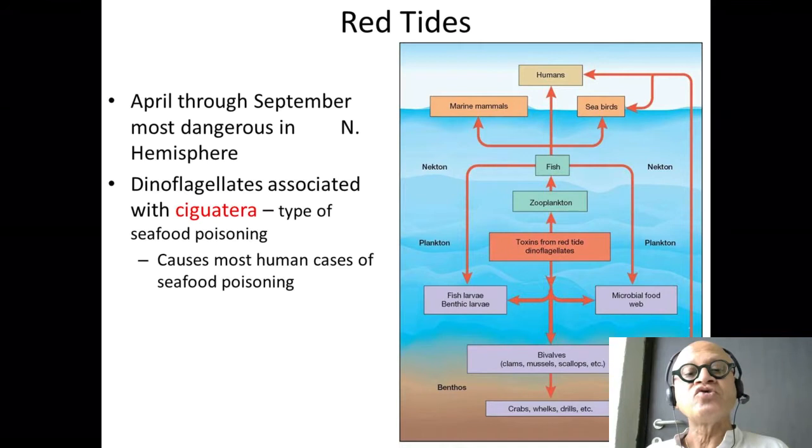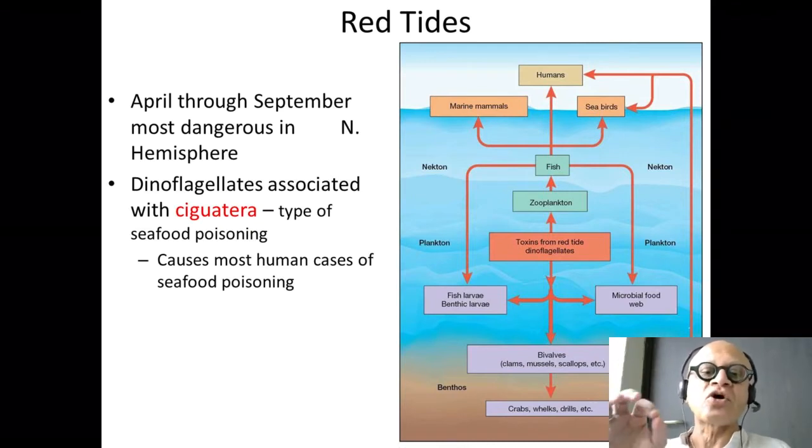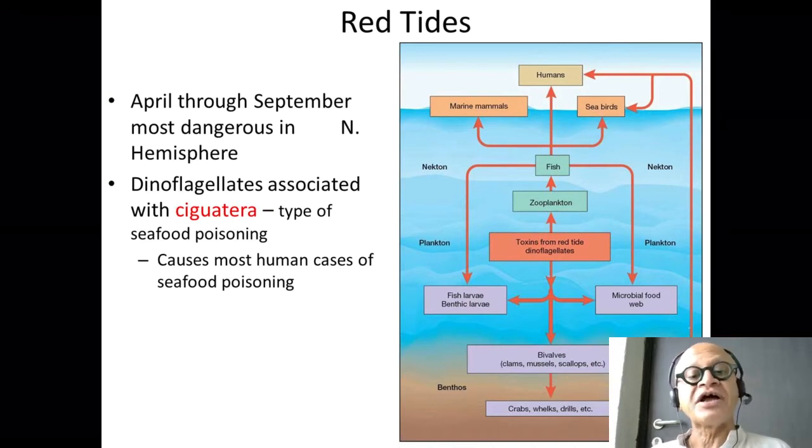So most places there is a season during which, predictably, the phenomenon of harmful algal blooms and toxins in the seafood happens, and dinoflagellates are associated with another kind of seafood poisoning called ciguatera. This is also something that humans don't want to go through, right?